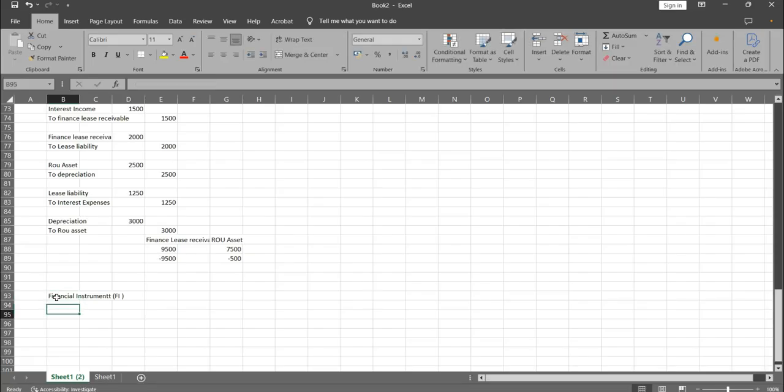Within this we have a liquidity table wherein we are required to show a maturity profile of all the financial liabilities. So in case of financial liability, we will say this lease liability as well.